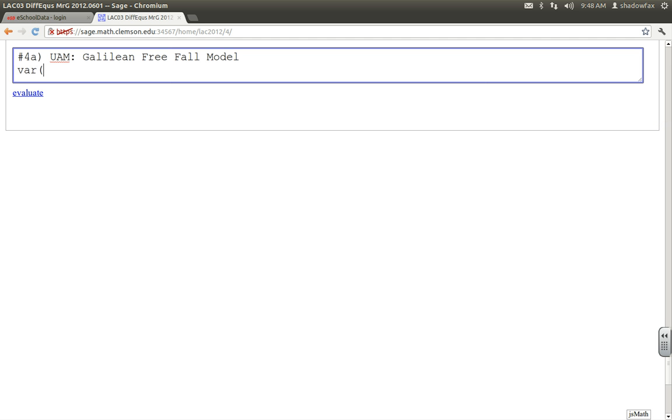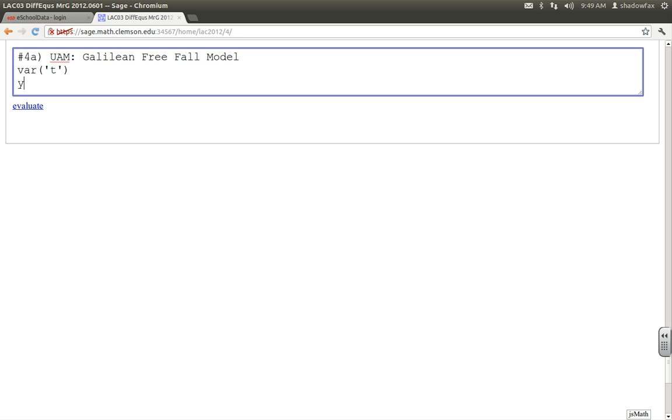Let's var. I'm going to do a var t, and I'm going to make y a function called y of t. So this is like vertical motion, y of t. So what is the differential equation I'm modeling here?